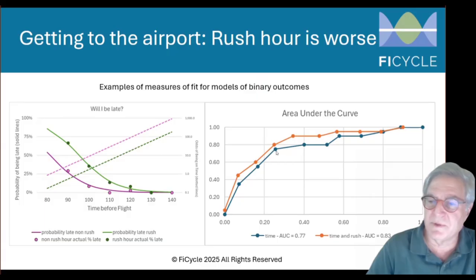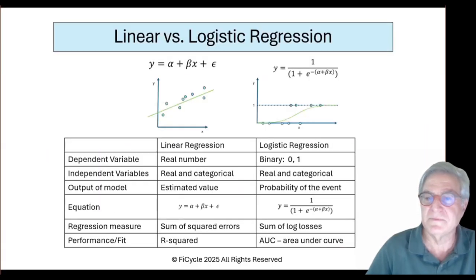What we want is something the further up and to the left, the better. So the bigger the area covered by these lines, the better it is. So including rush hour improves our model from not having rush hour. We'll get more into this in a later discussion of logistic modeling.